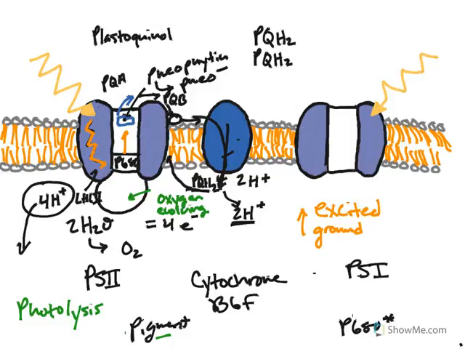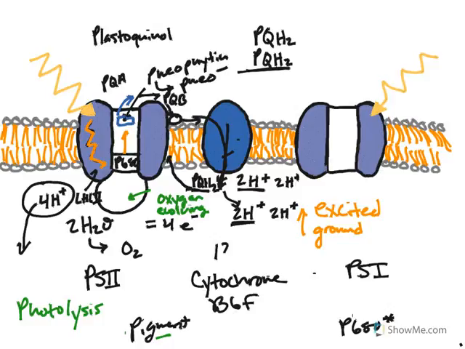Remember we said we're doing this twice. We're going to have 2 PQH2 molecules, so we do this whole process twice. So 2 pumped in for 1 PQH2 means 2 more pumped in for another. And we had 2 protons dropped off for 1 molecule of PQH2, so 2 more dropped off for another.